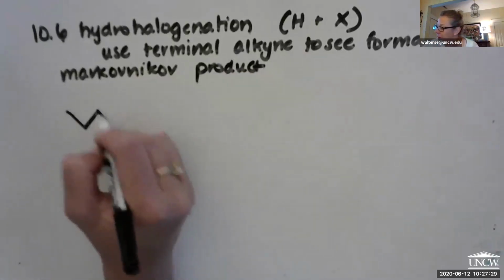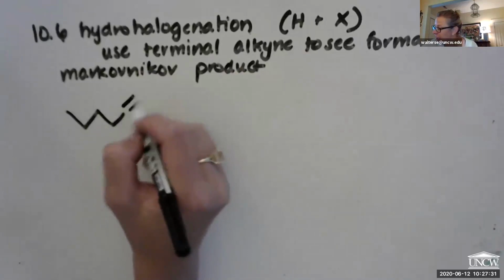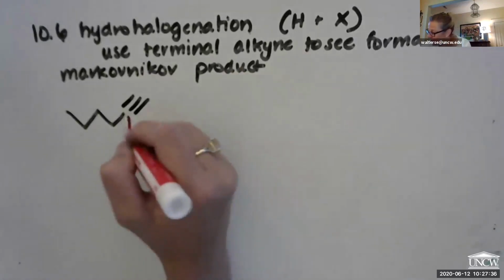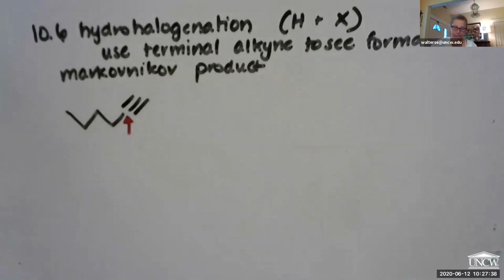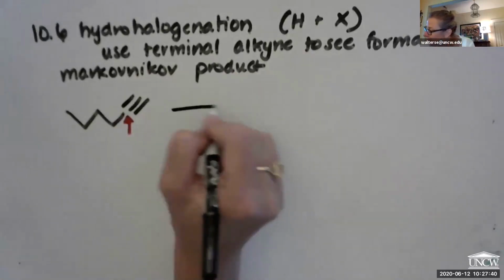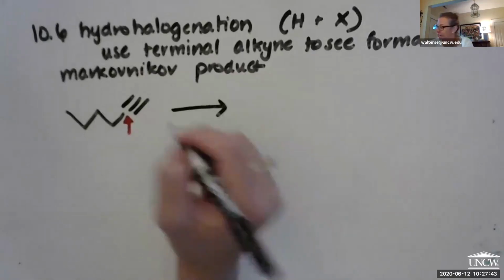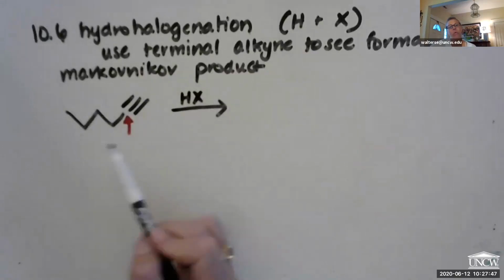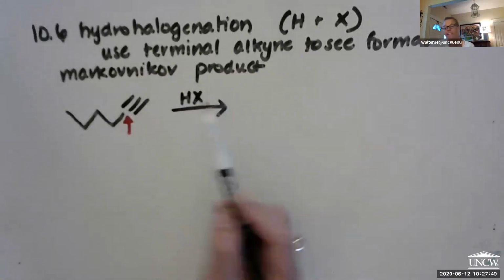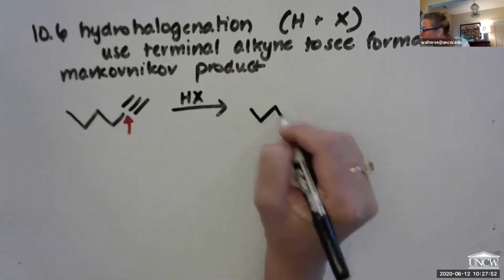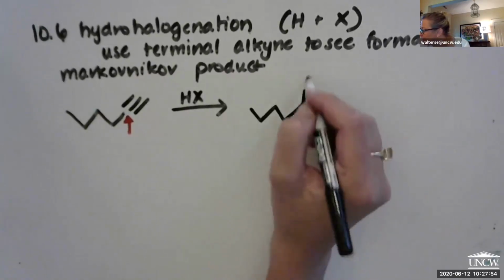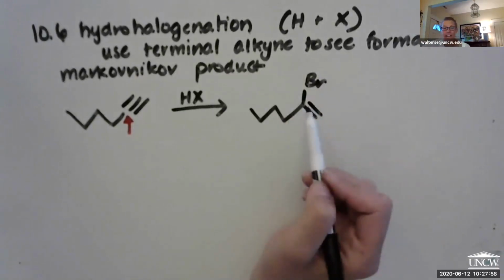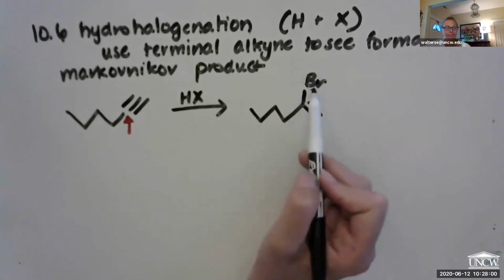So when we use our terminal alkyne, again, this is the Markovnikov carbon. If you add one addition of HX, so for every one alkyne, you have one HX, you're going to get a vinyl halide.